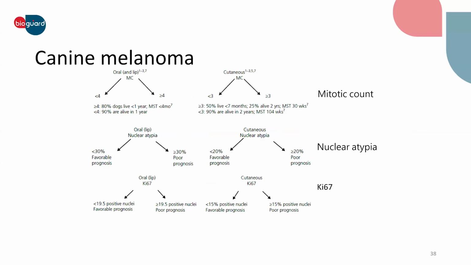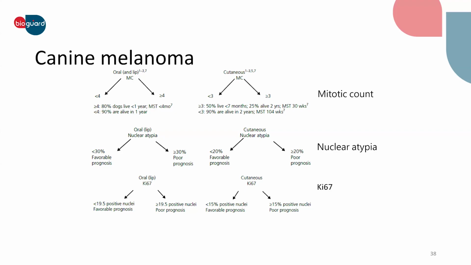These images illustrate prognosis indicators for canine melanomas, both oral and cutaneous, using 3 key parameters: mitotic count, nuclear atypia, and the Ki-67 index. These markers help predict the biological behavior of the tumor and the overall outcome. Take oral melanomas as an example.